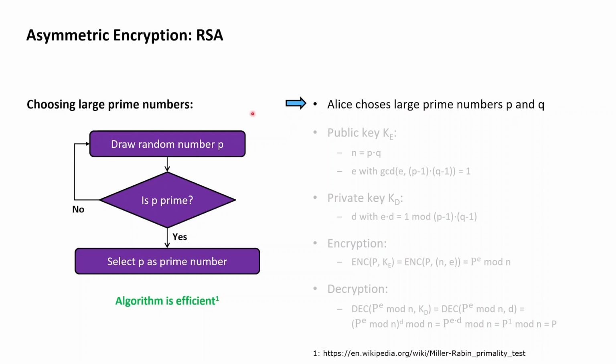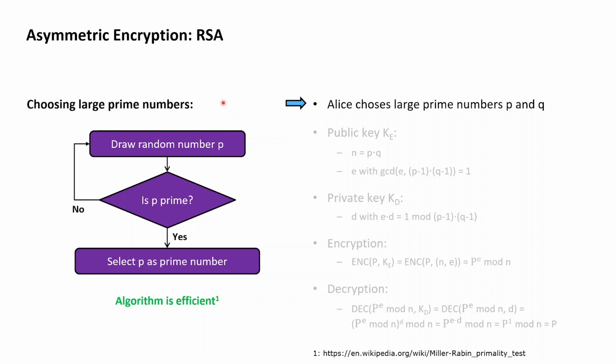It turns out that generating large prime numbers is actually not that straightforward, especially when the prime numbers involved are large. Nowadays, it's recommended for RSA key pairs to be of length at least 2048 bits. For a 2048-bit RSA key, the prime numbers P and Q that Alice needs to generate are both each 1024-bit prime numbers.